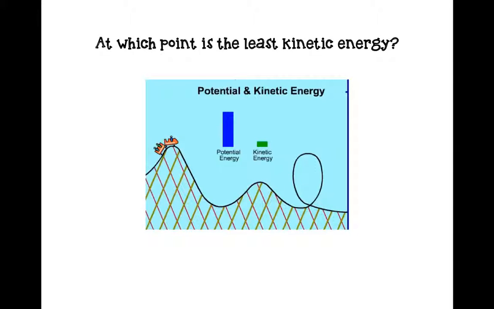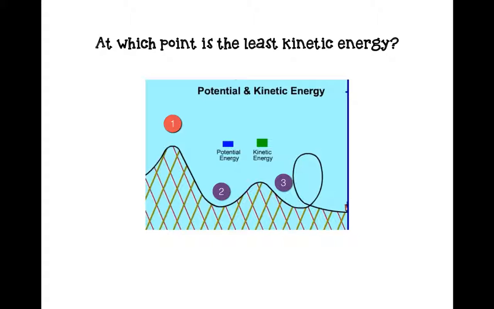Next, I want you to find the location at which there's least kinetic energy. Is it location 1, location 2, or location 3? If you said that location 1 had the least kinetic energy, then you're correct.